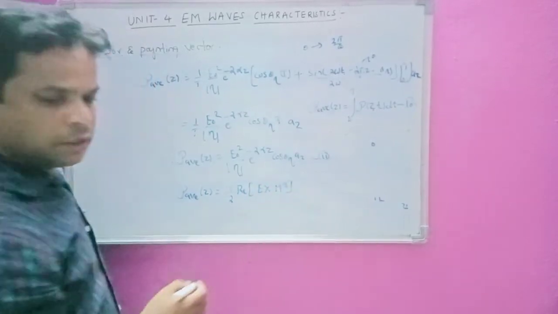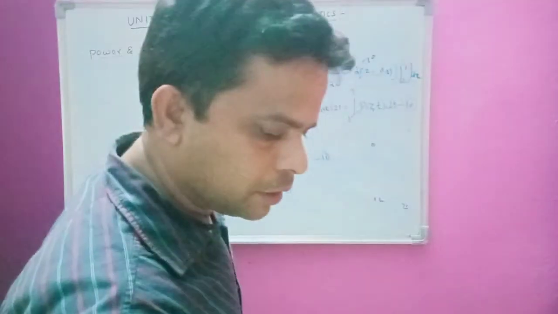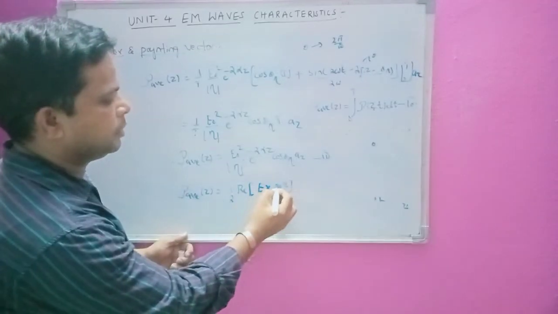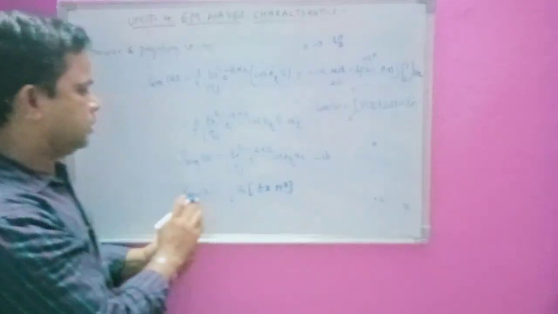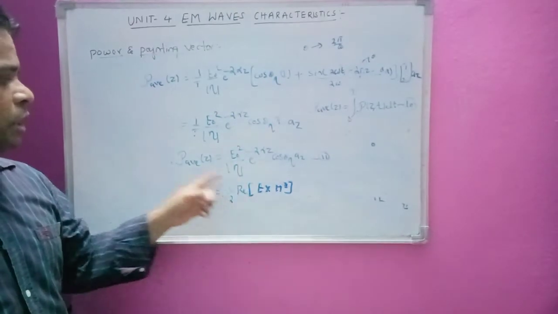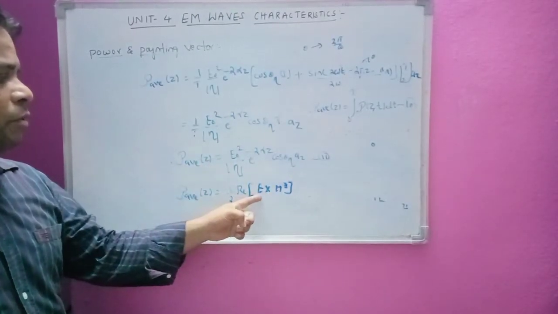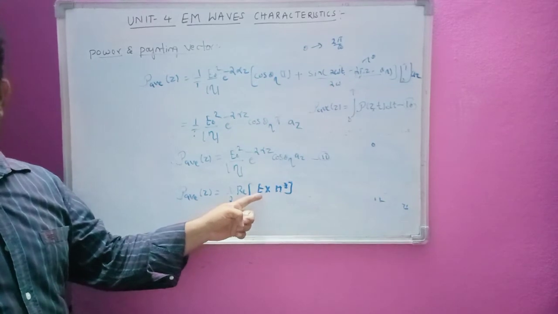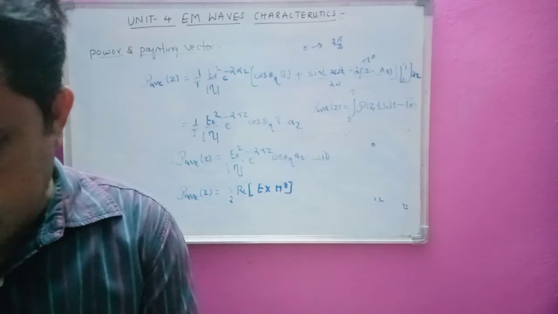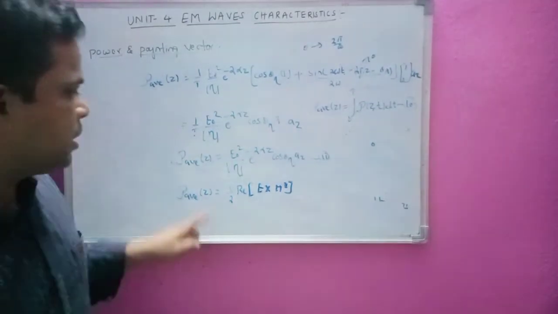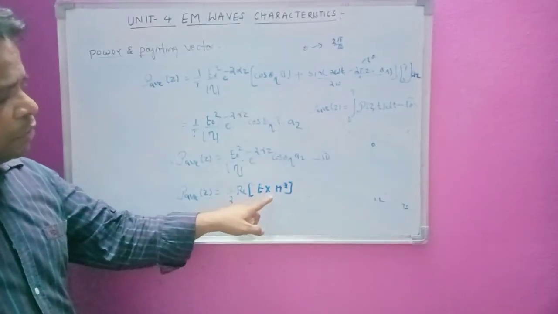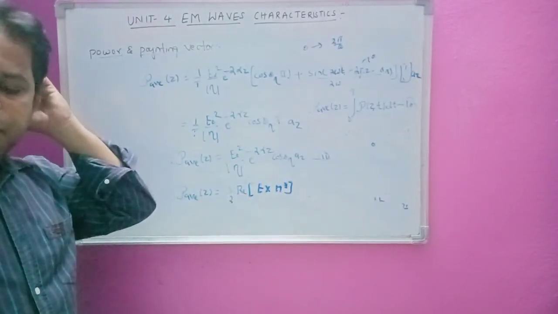So we have got P average of z as this one, and we can also show that it equals this part, with the complex conjugate. In order to show that, let us take the calculations here. We have to prove that P average of z is also equivalent to E cross the complex conjugate of H.